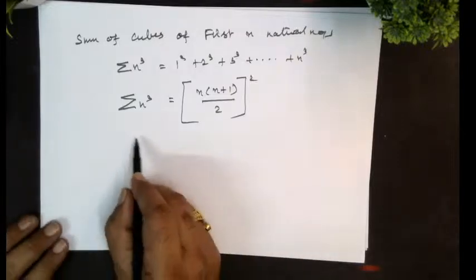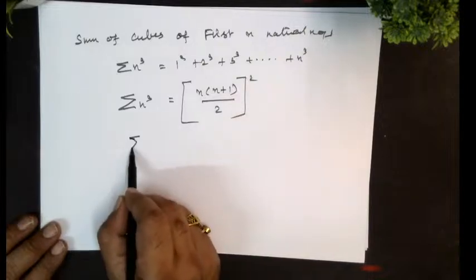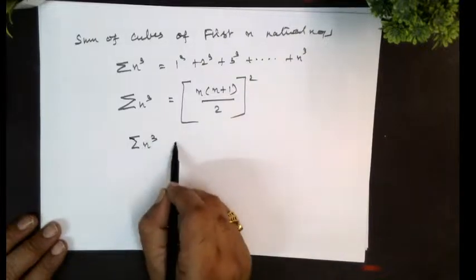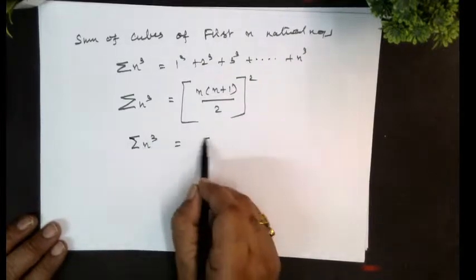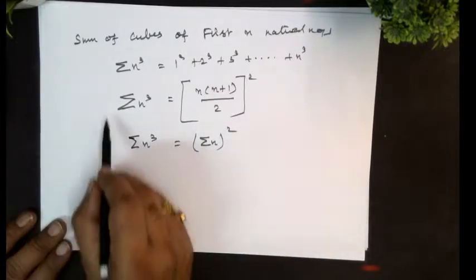We know already this is the sum of n, is it not? Therefore the sum of n cube is nothing but the sum of n, whole square. Okay.